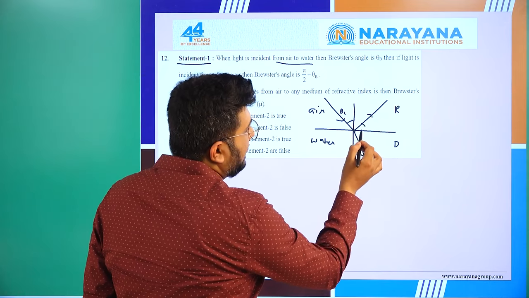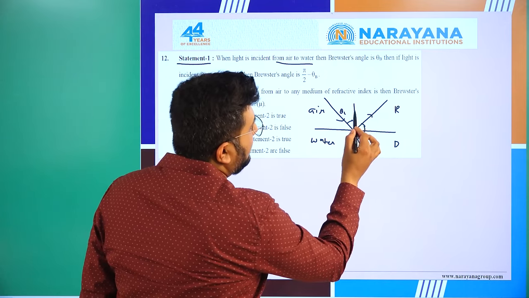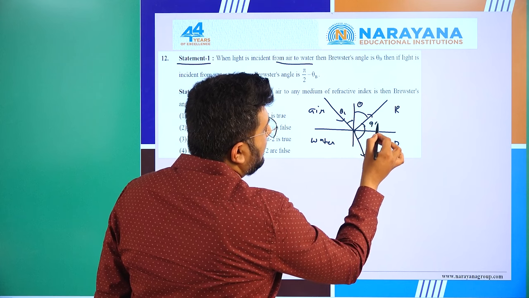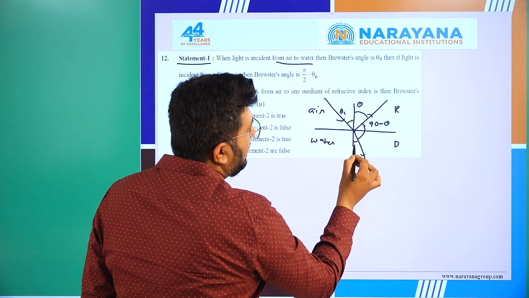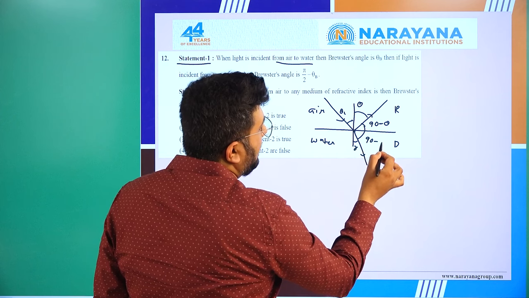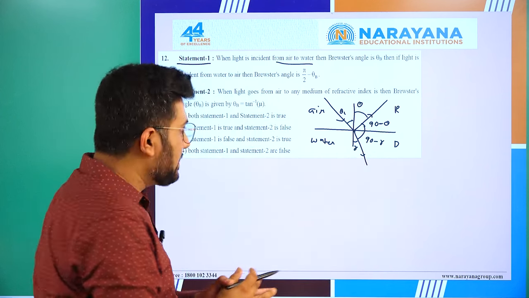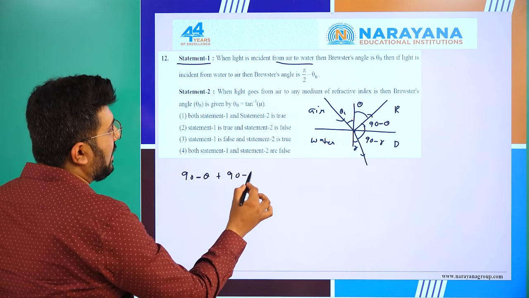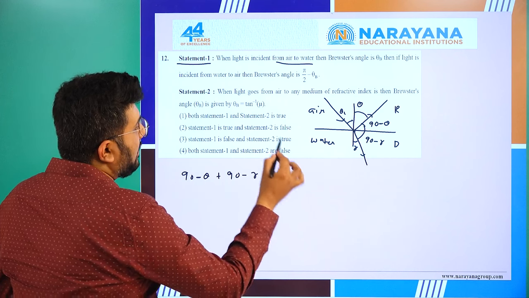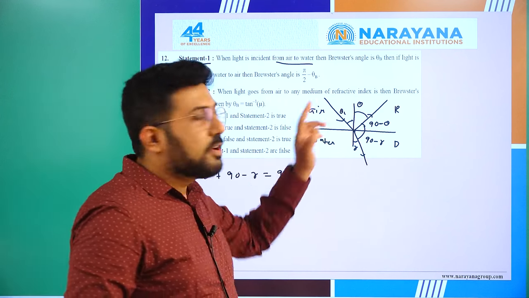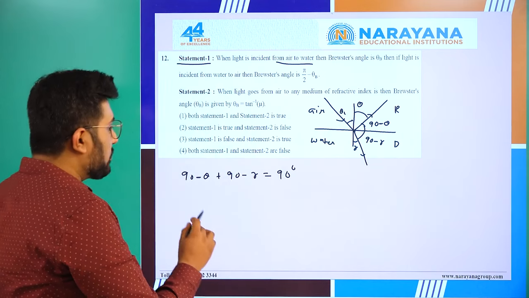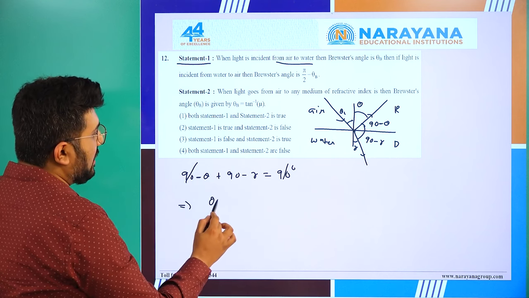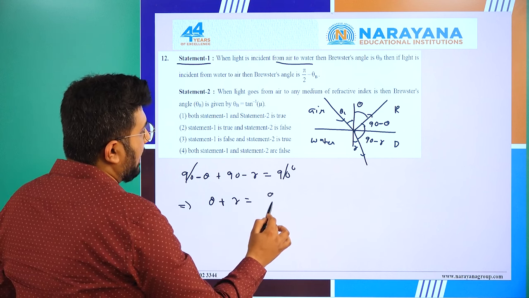So if this angle is theta, then this angle is 90 minus theta, this angle is r, then this angle is 90 minus r, where theta is the angle of incidence. So 90 minus theta plus 90 minus r should be 90 degrees. In that case only this angle theta will be the Brewster's angle. So from here, 90 cancelled, theta plus r equals 90 degrees.